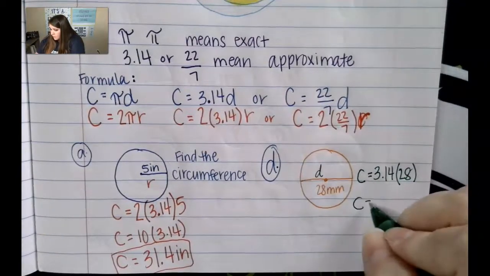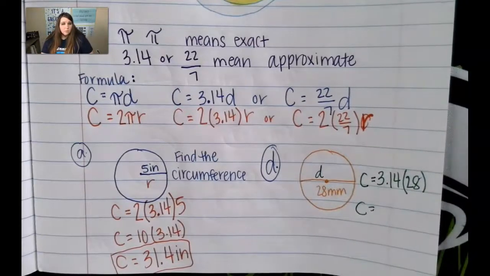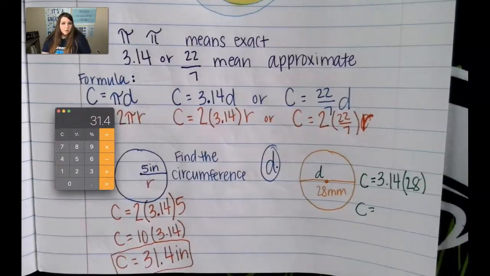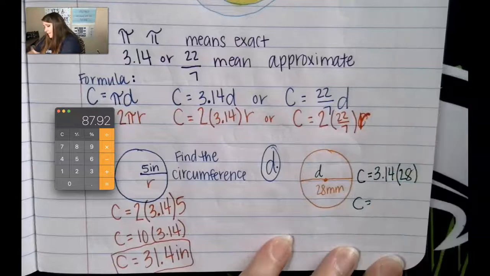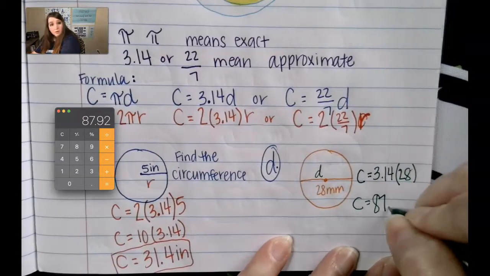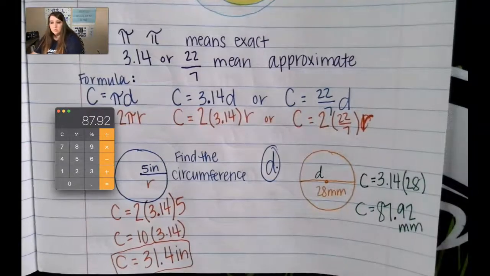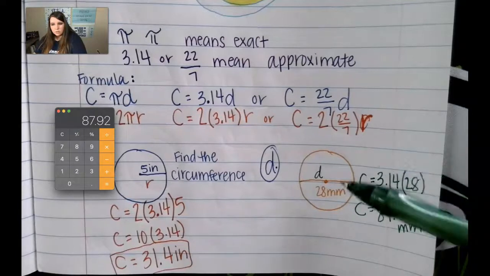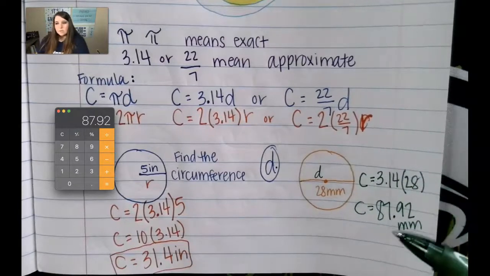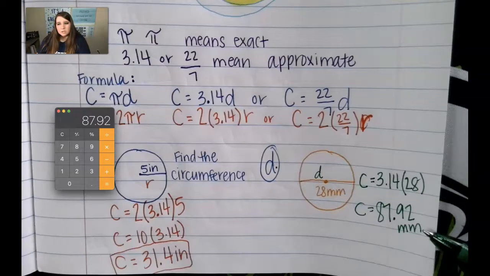So circumference equals, again, we can pull out our calculator. 3.14 times 28. So this is how you use pi. So our circumference is 87.92 millimeters. Okay, so the distance around the watch face is going to be 87.92 millimeters.